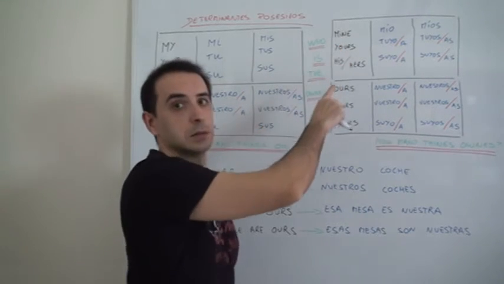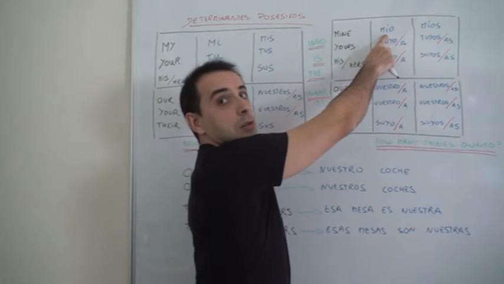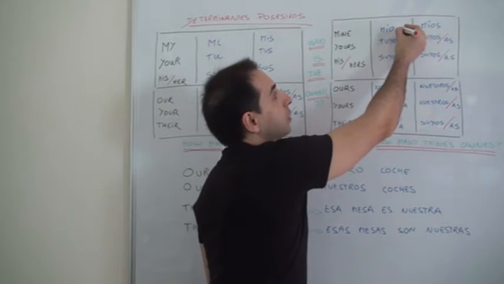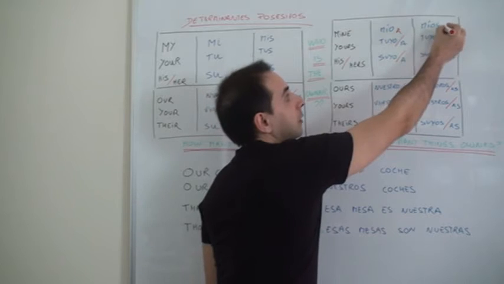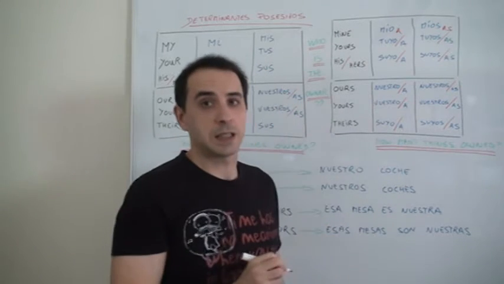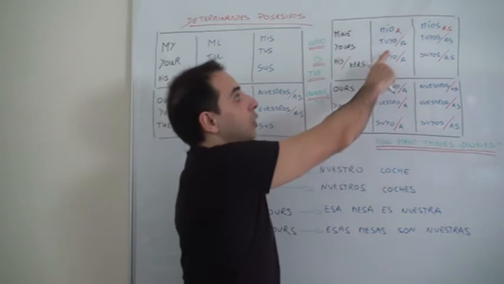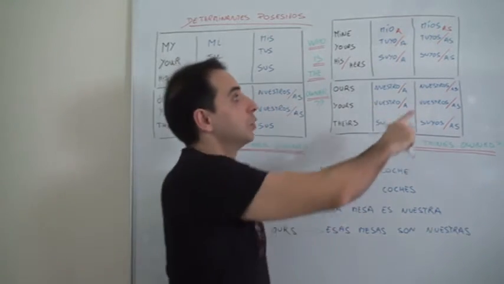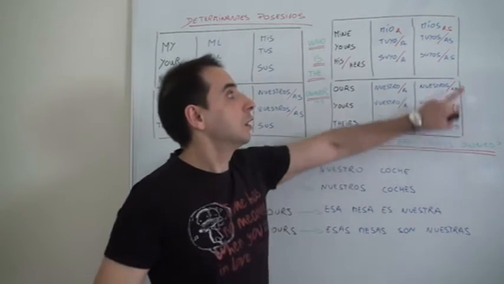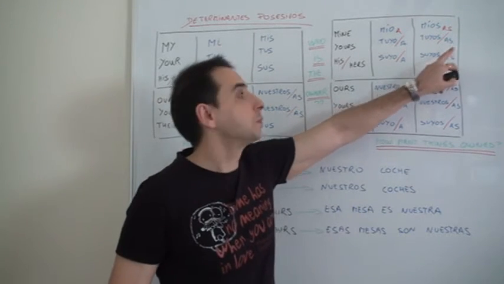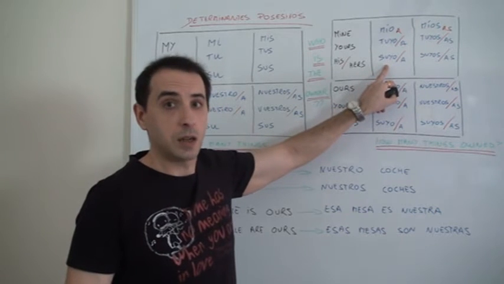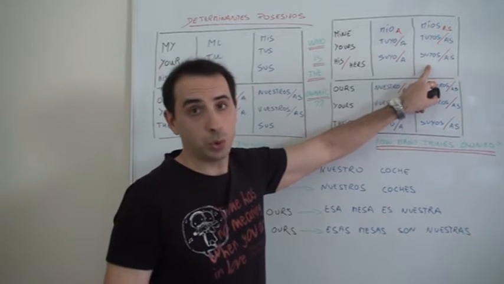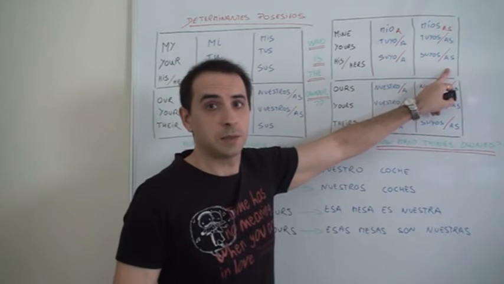So mine in Spanish: mío, míos, I forgot to say mía, mías. Tuyo, tuya, tuyos, tuyas. His, hers: suyo, suya, suyos, suyas.